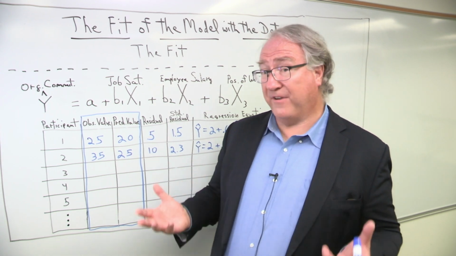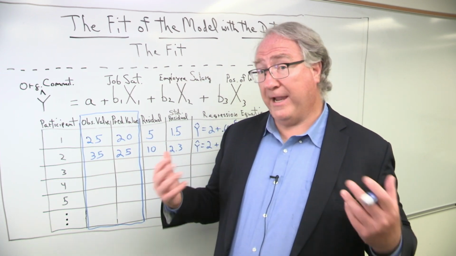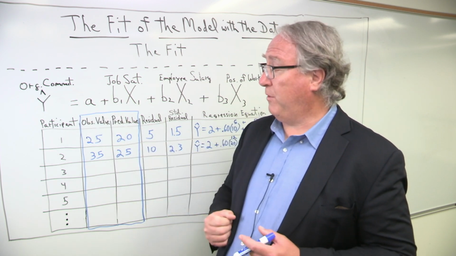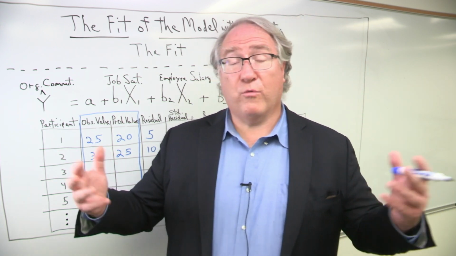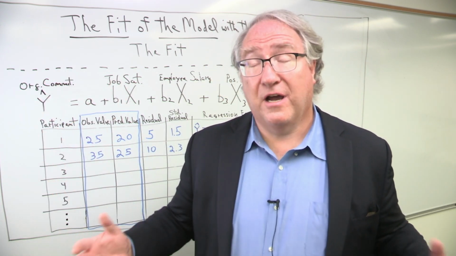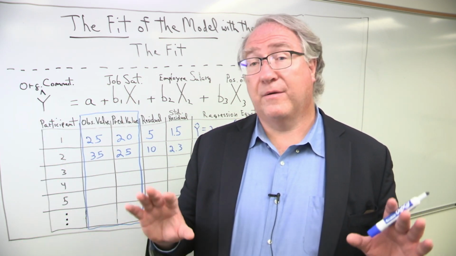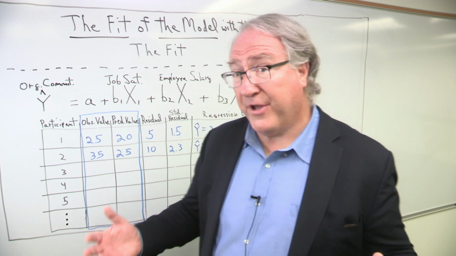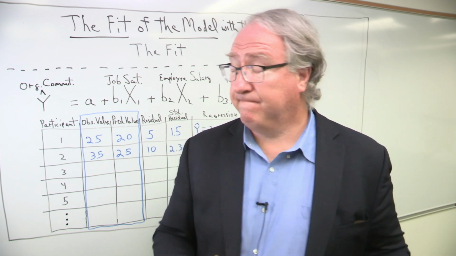And the closer that variance comes to reproducing or capturing the variance of the observed values on the outcome variable measure, then the better we say, or the more we say, of the variance on the outcome variable measure that is accounted for or explained by the model. And the better of a fit that we have of the model with the data.